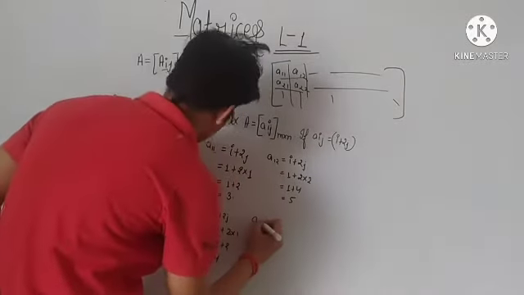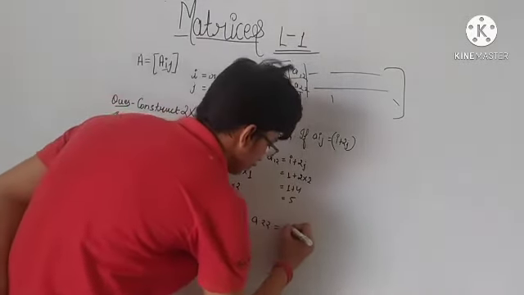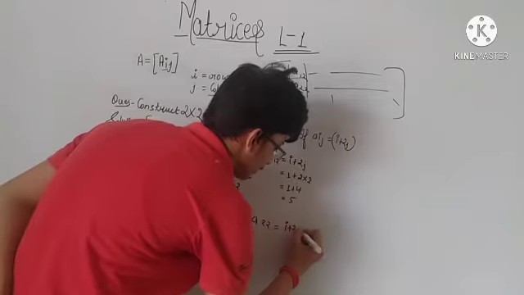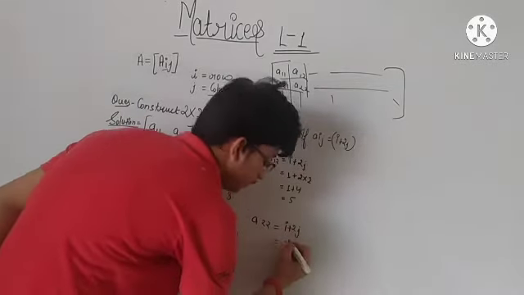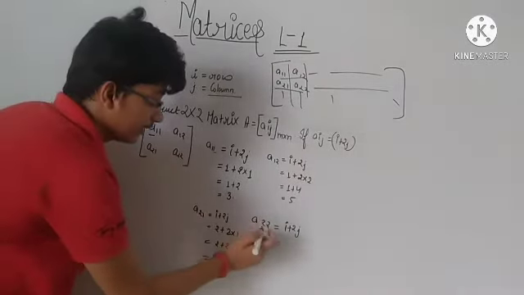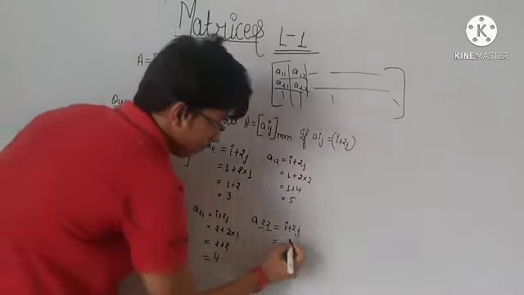अब आता है हमारा फोर्थ A22 is equals to I plus 2j. तो you can see I is 2 and the j is 2.